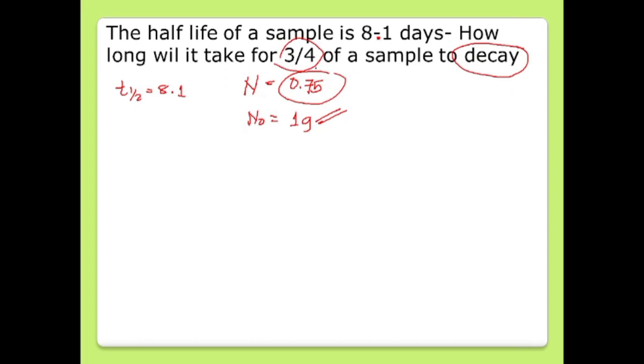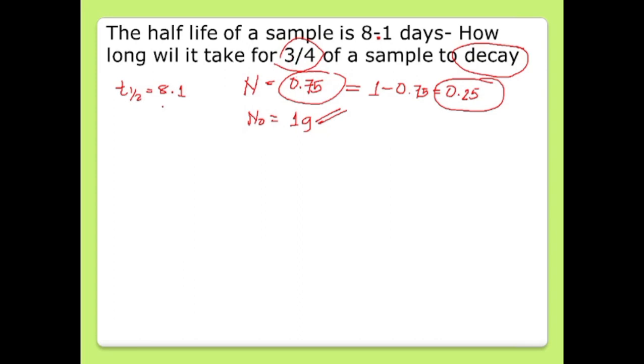So, ibig sabihin kung ito yung nawala and meron tayong initial amount na 1 gram and ang nawala is 0.75, so that would be 1 minus 0.75. So, it is 0.25. Ito yung natira or ito yung remains after nag-decay ng 0.75.